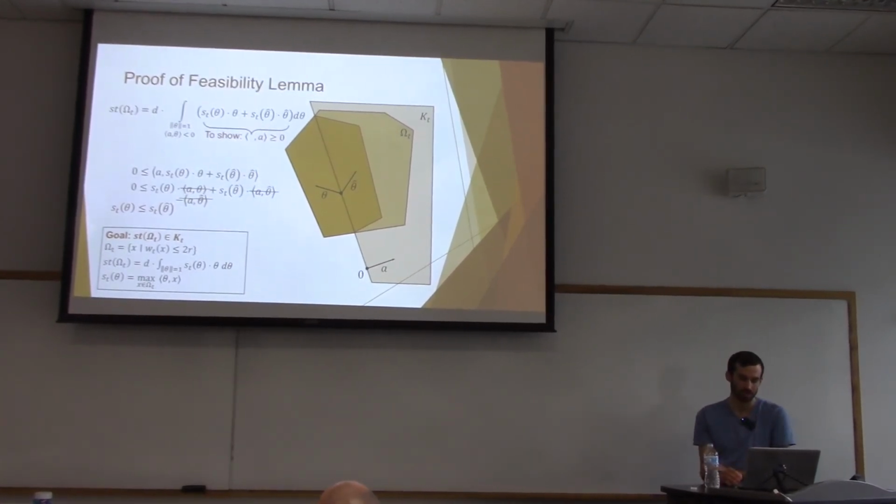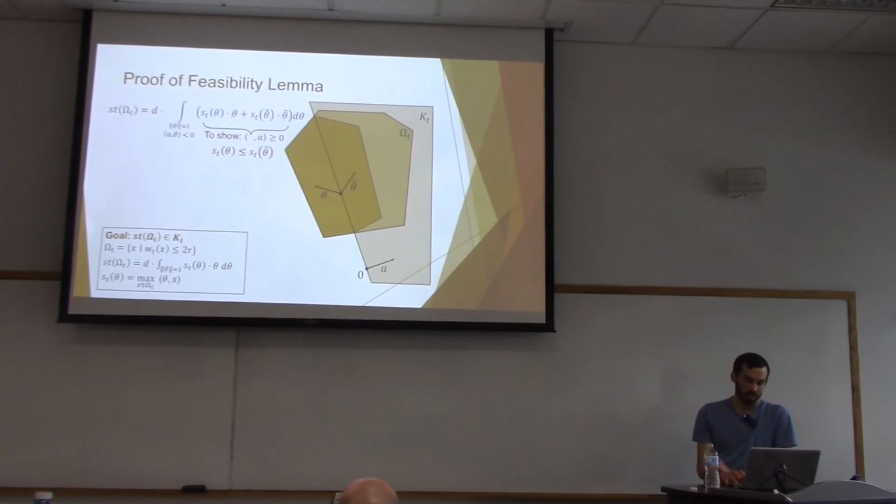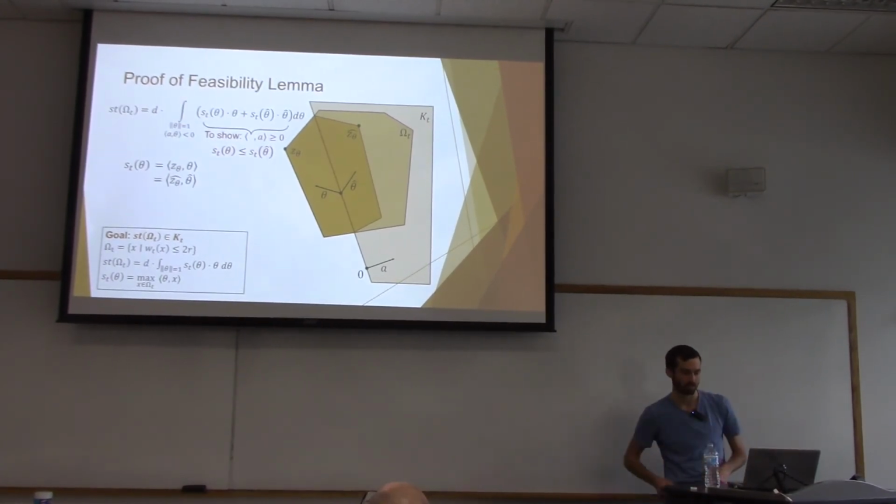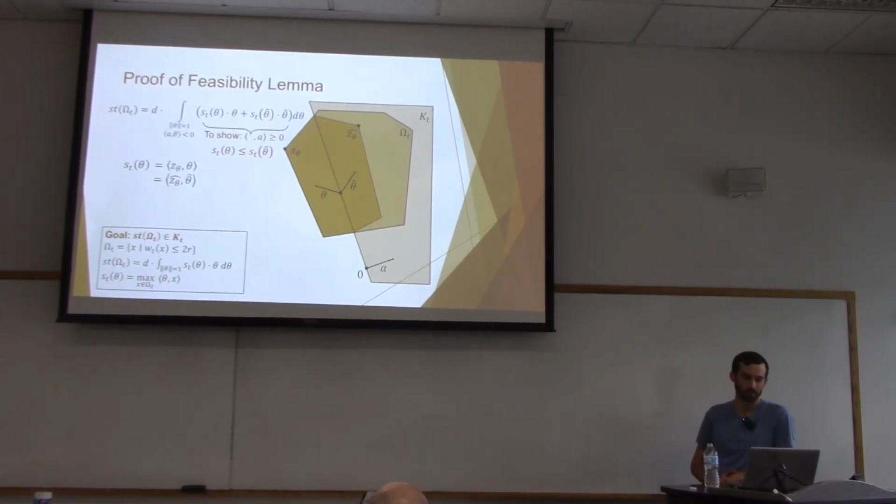So this is all I need to show now. And if I look at the support function of theta, I get some point z theta, which realizes the maximum of that inner product. I can reflect that across kt because of the reflection lemma that I had a couple slides ago, and the inner product is going to stay the same.